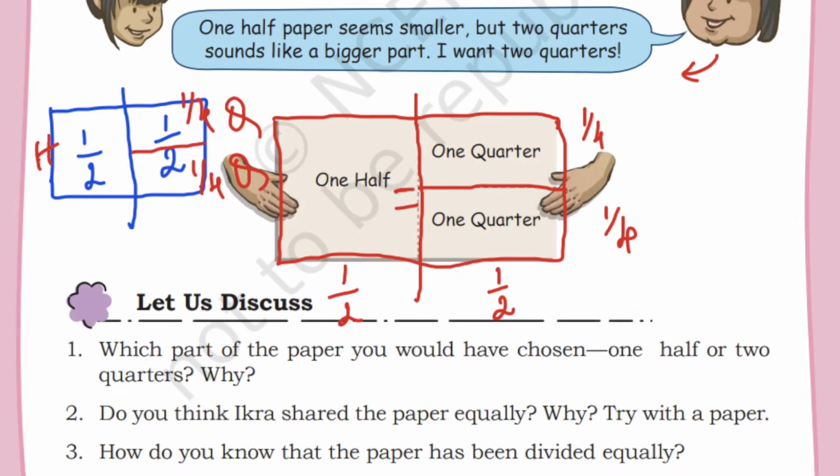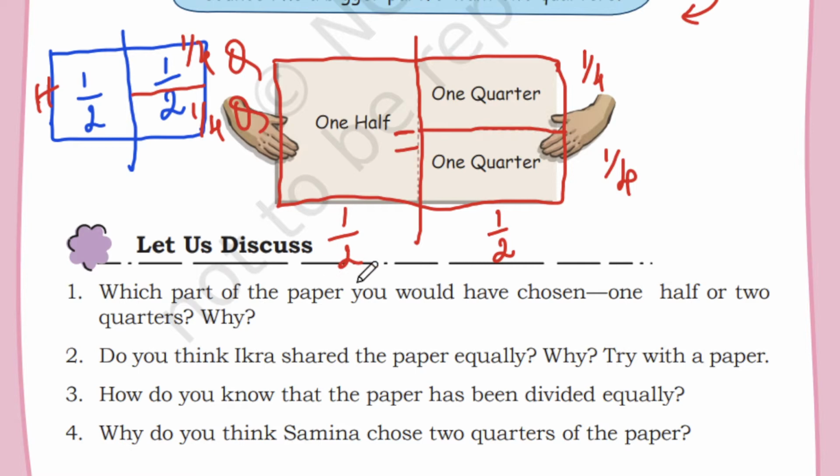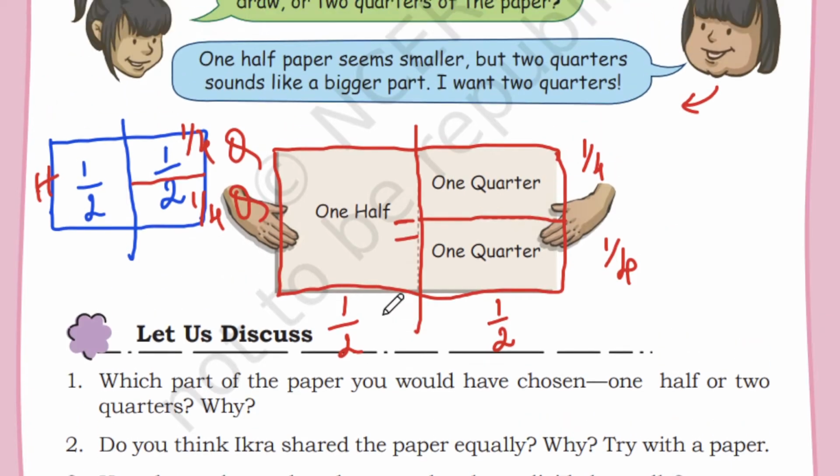Okay, next. Which part of the paper would you have chosen? One half or 2/4? Why? They are asking which part will you choose, this part or this part, but both the parts are the same, so I can choose either of them.